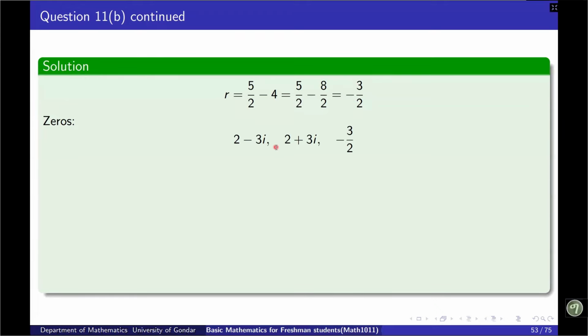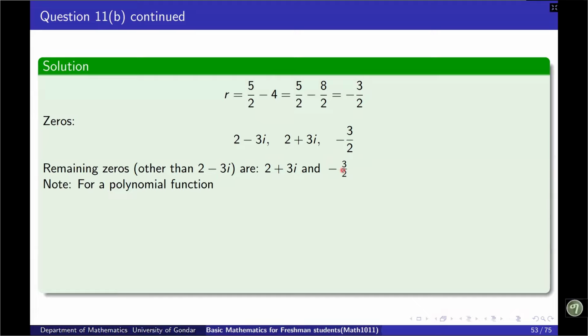Therefore, 2 minus 3i, 2 plus 3i, and negative 3 over 2 are the zeros of the given polynomial function, so that the remaining zeros other than 2 minus 3i are 2 plus 3i, which is the complex conjugate of this complex number, and negative 3 over 2.